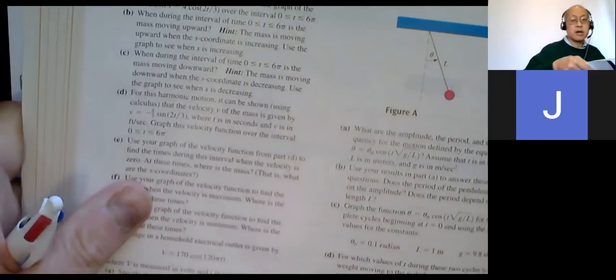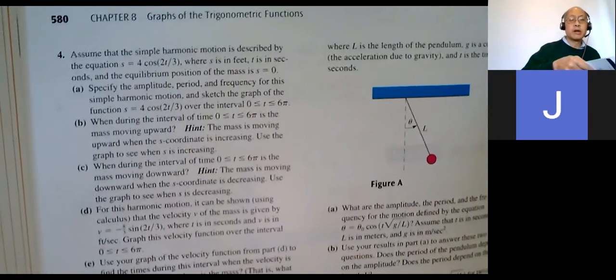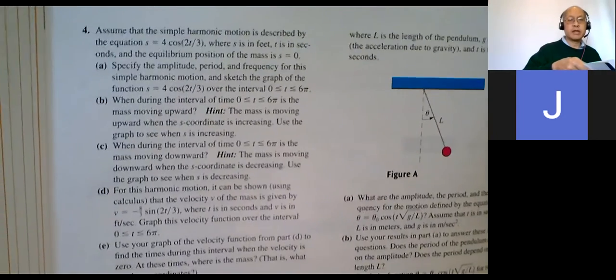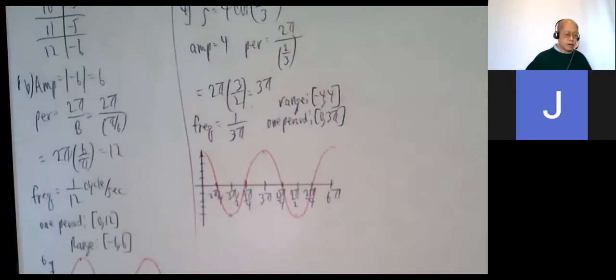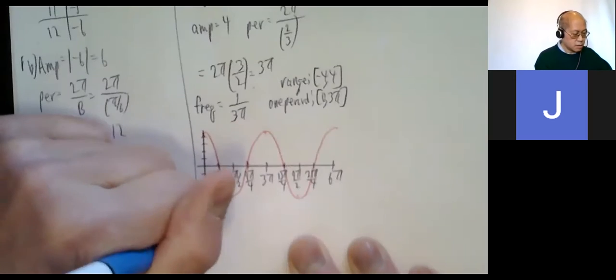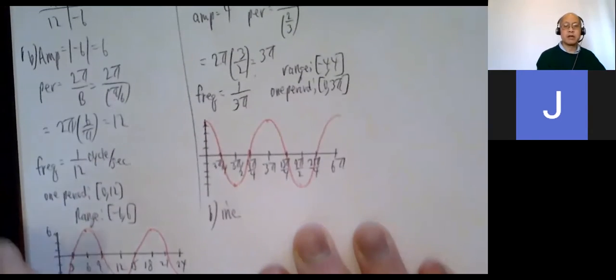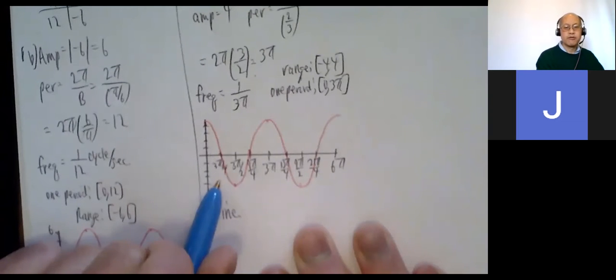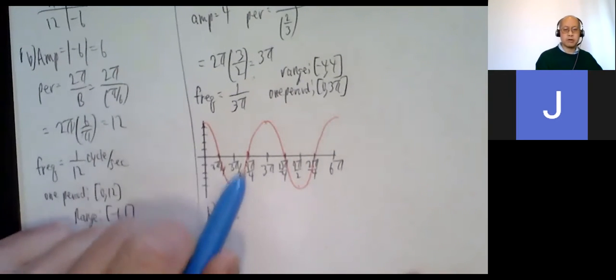Okay. B, when is the mass moving upward? That means the S coordinate is increasing. So when is the graph increasing? Pretend it's a roller coaster. When are you going up?